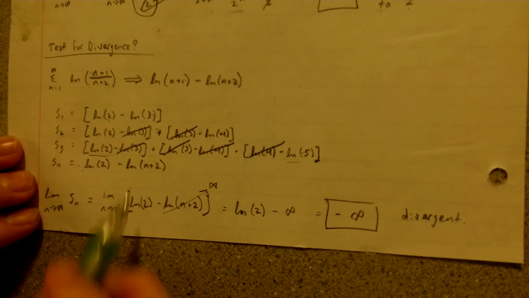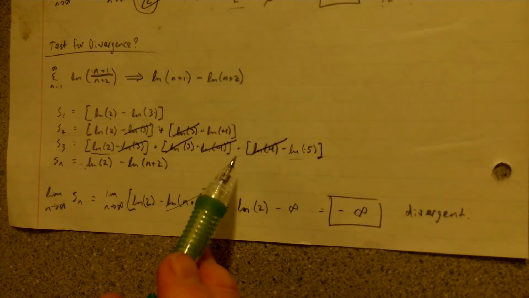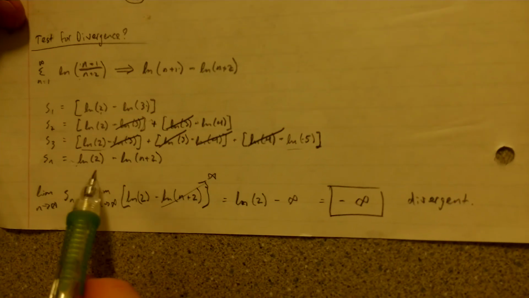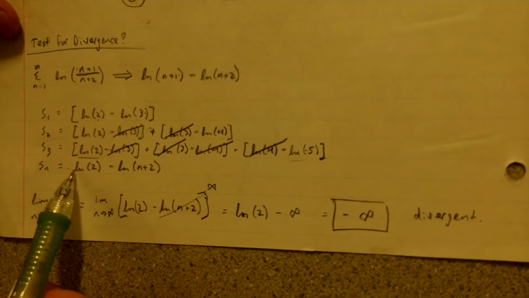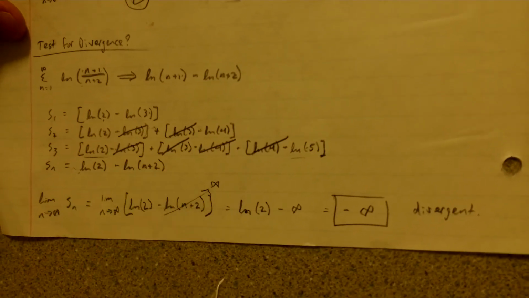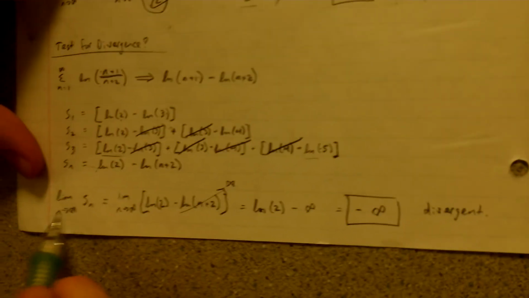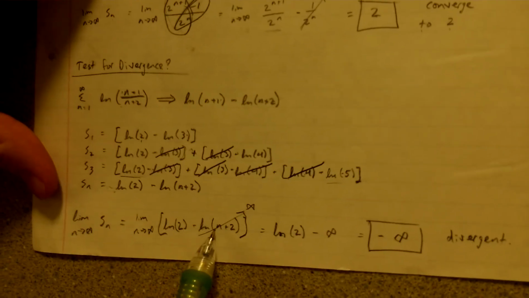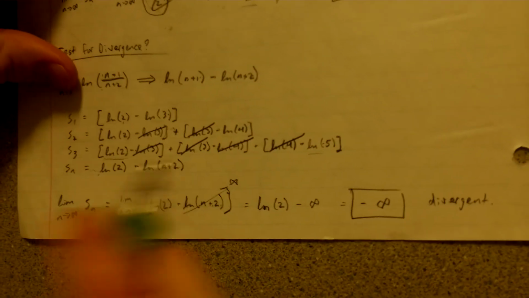This is kind of like a telescoping series, but it still applies here for partial sums, because we can see that the partial sum of this series is represented by ln 2 minus ln(n+2). So we take the limit as n approaches infinity of ln 2 minus ln(n+2).